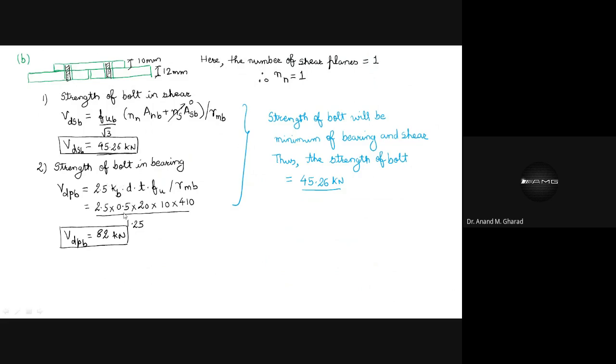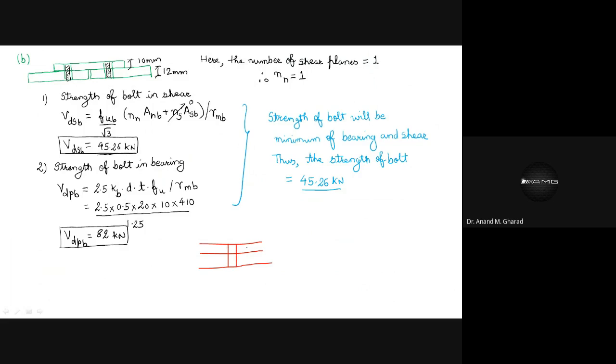You have this KB value, T you know, and now what should be the value of T? Although I have written this 10 mm, have you understood why this is 10 mm? Because you see, these are the plates and this is the bolt.